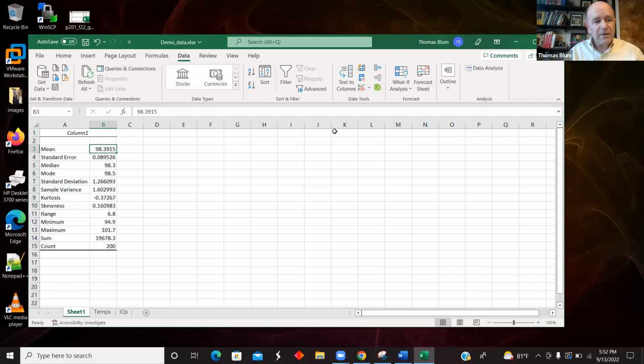This gave me the mean, the standard error, which I didn't calculate as an individual formula, the median, and the mode, which I didn't do before but it's there, the standard deviation, the sample variance, kurtosis, skewness, range, minimum, maximum, sum, count. There were other options I could have chosen with that add-in, but I just did the quick summary.